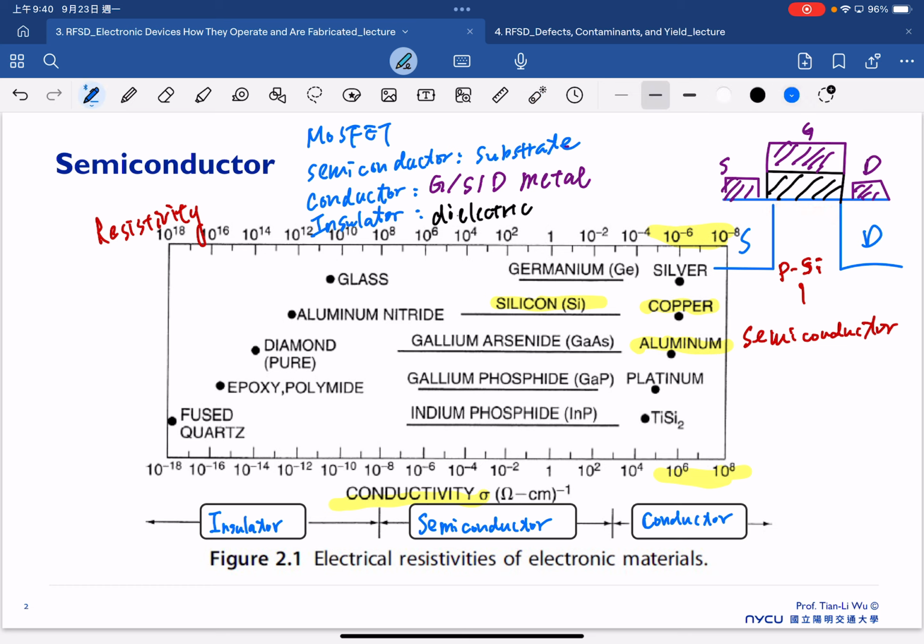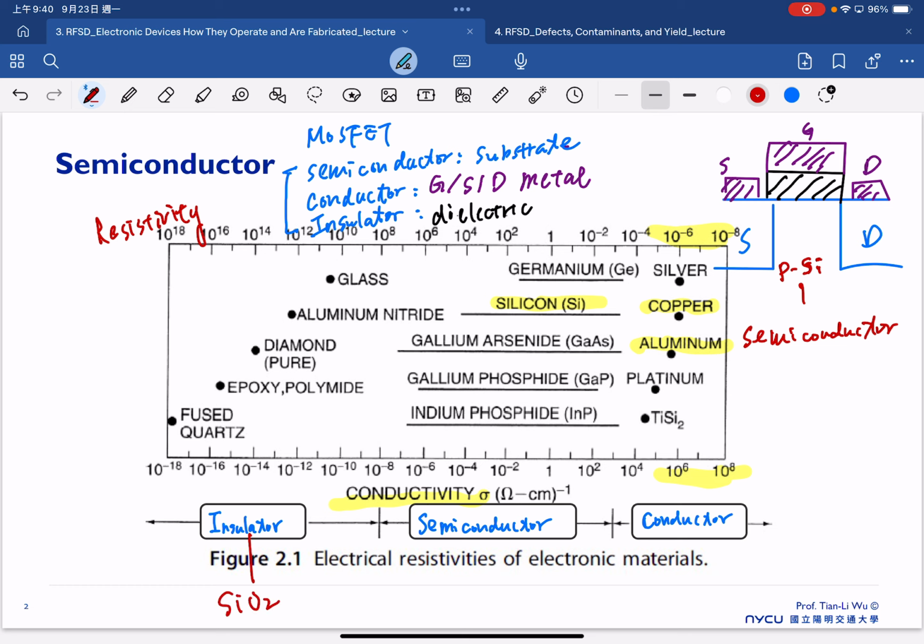So overall, although the class focuses on the semiconductor device, in reality we actually need all these three different materials to help us form a semiconductor device. And regarding the insulator, the most important insulator is silicon dioxide.